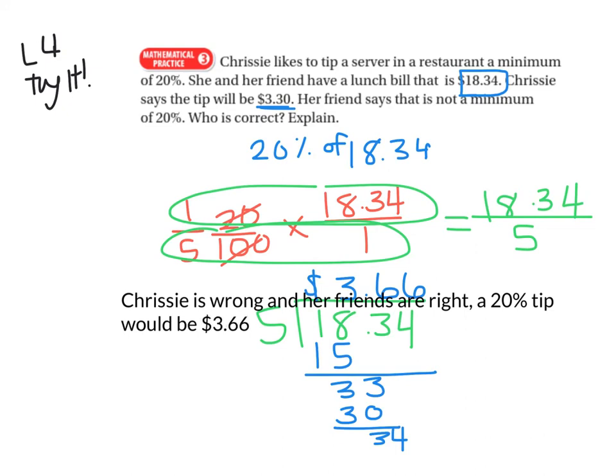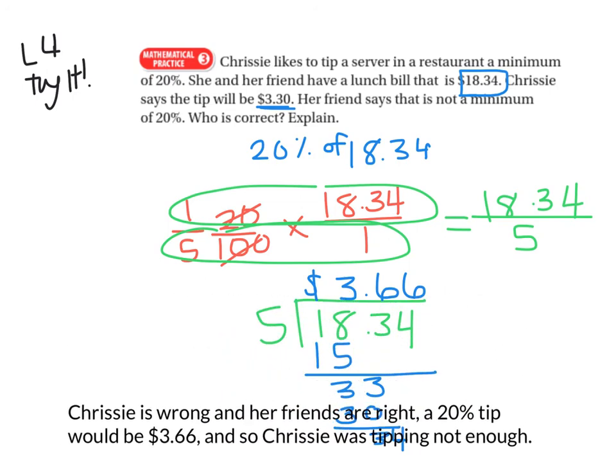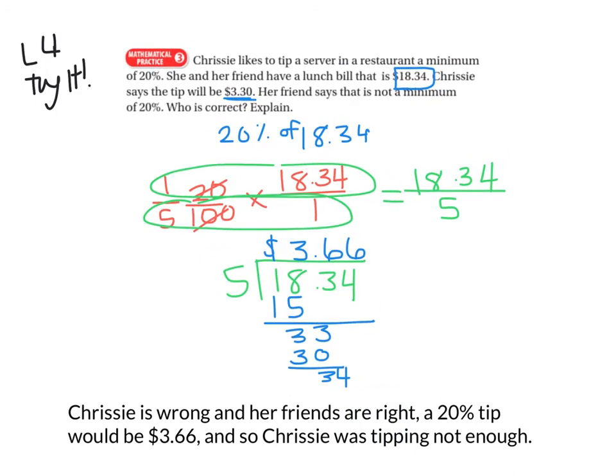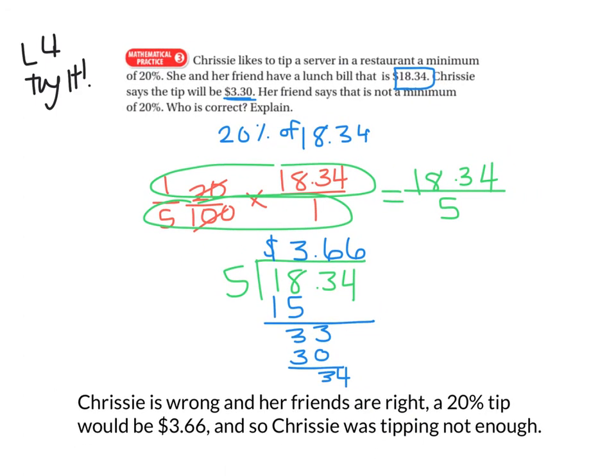And so Chrissy was tipping not enough. Oops. Let's do a period there. And so that's my explanation to go along with my level 4 answer. Chrissy is wrong and her friends are right. A 20% tip would be $3.66, and so Chrissy was not tipping enough.